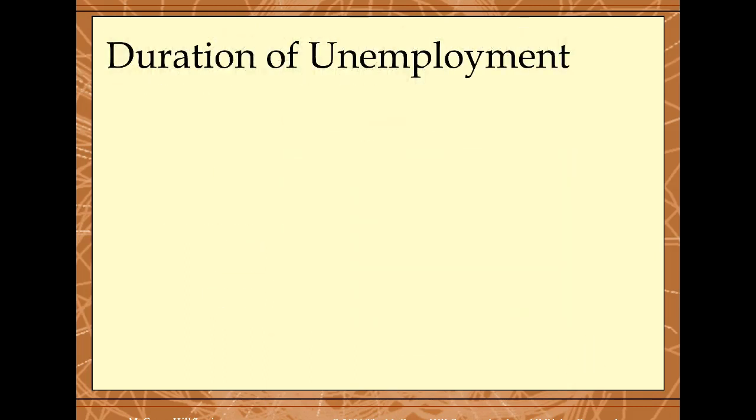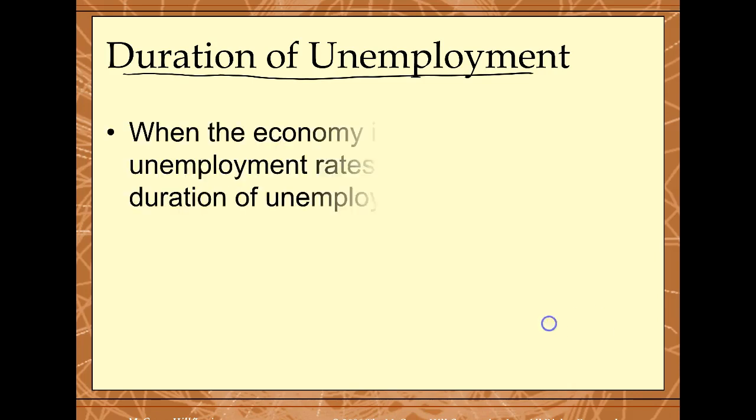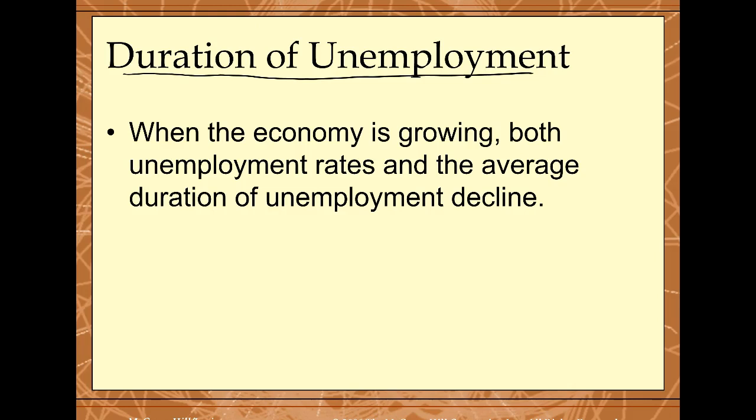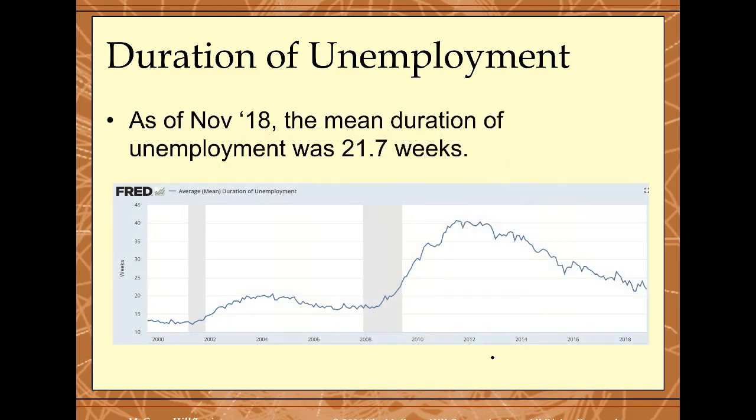Now, another big underreported indicator for the employment sector is the duration of unemployment. In other words, what's the typical time it takes somebody to find work? When the economy is growing, both the unemployment rate and the average duration of unemployment decline, which makes sense, right? You could see here we have this measured in weeks.